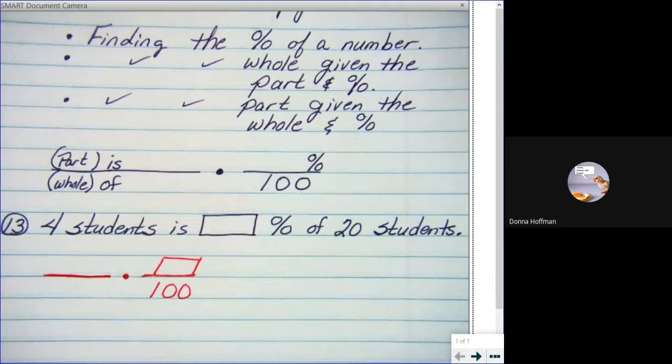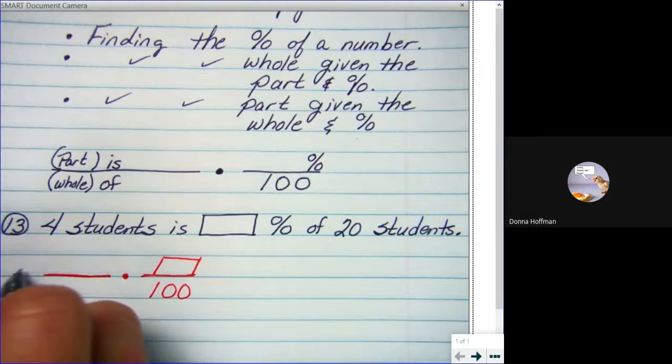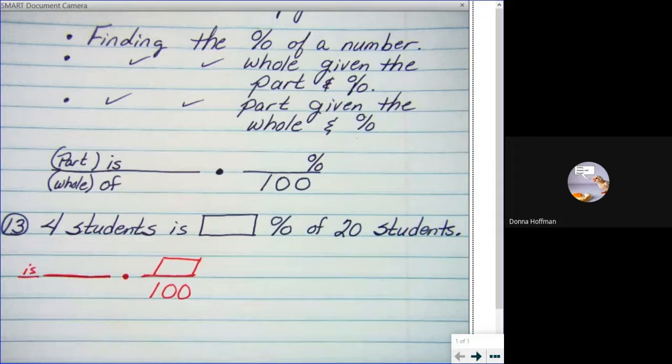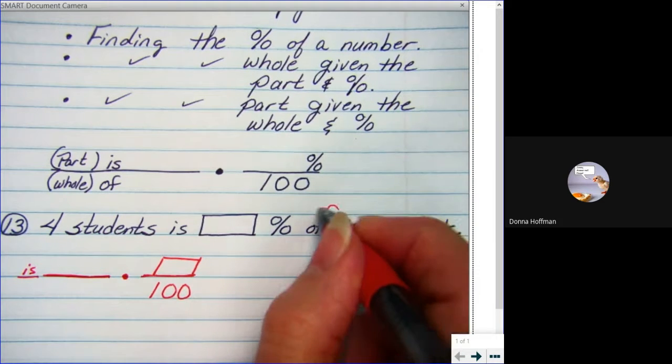Can you name one more? Can you give me the is or the of? Okay, so where am I going to put the is and what do I put for the is? It is the part, that's true. What I'm trying to get at is what number do I stick in there for the part? It's either 20 or it's either 4. You're going to go with 20 as being the is, but look at here.